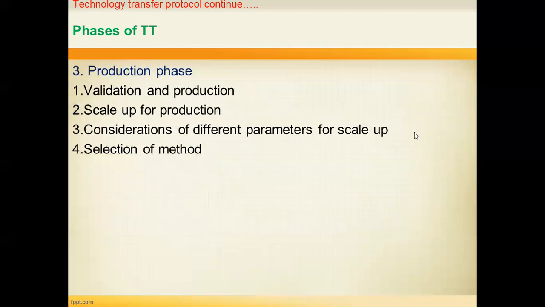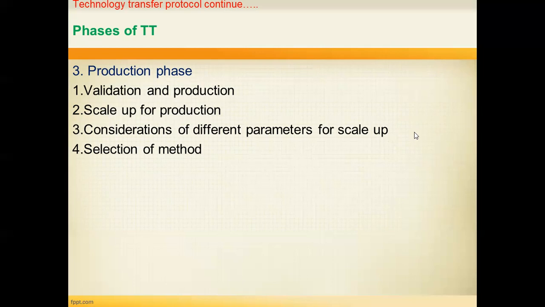Next, you start with the third phase, the production phase. The production phase includes the validation and the production. Production is implemented after verification by the various validation studies of the transferred manufacturing formula, to see whether they are able to produce stable products or not. The R&D department is involved in transferring the technology, so they should take the responsibility regarding the validation.